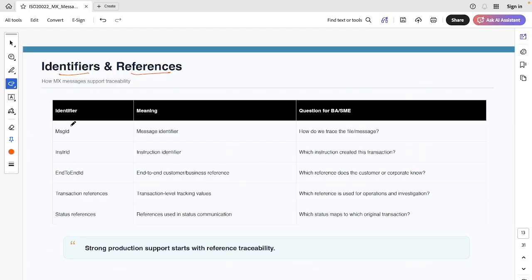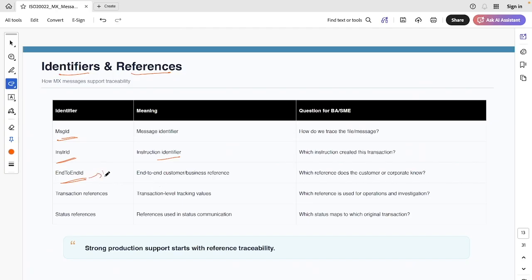Message ID is usually the message level identifier. It helps identify the file or the message. Your instruction ID is an instruction identifier and often helps identify the instruction created by the sending party or system. Your end-to-end ID is especially important because it is intended to travel end to end as a customer or business reference.